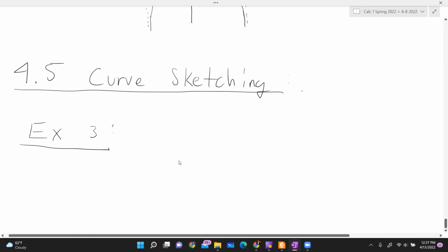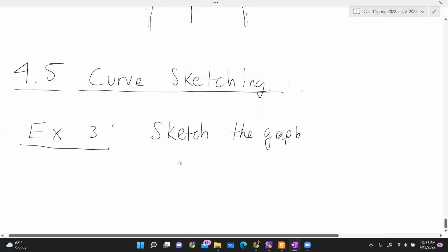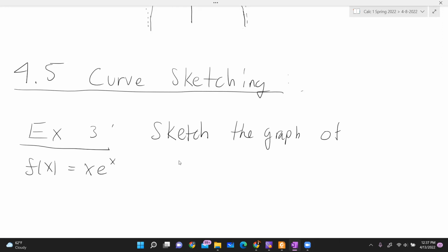So for example 3, we're going to sketch. And by sketch, we always mean just a rough plot. So sketch the graph of f of x is equal to x times e to the x.